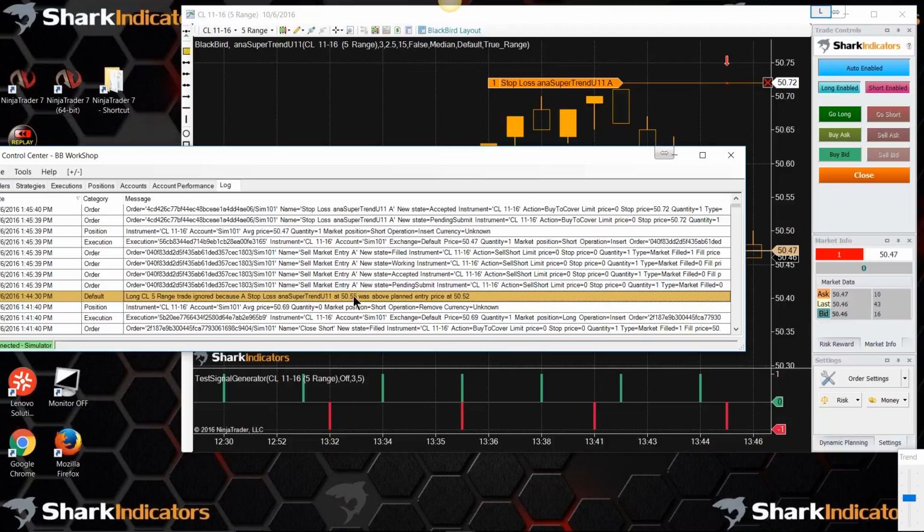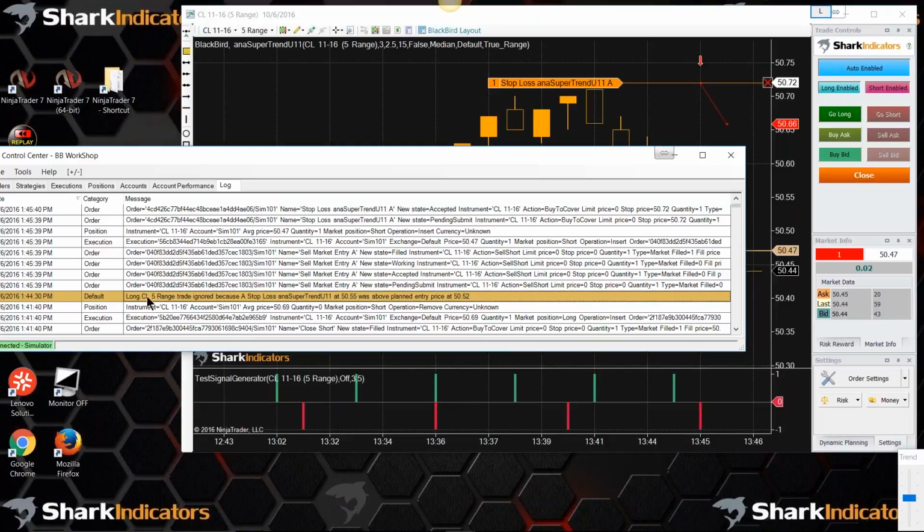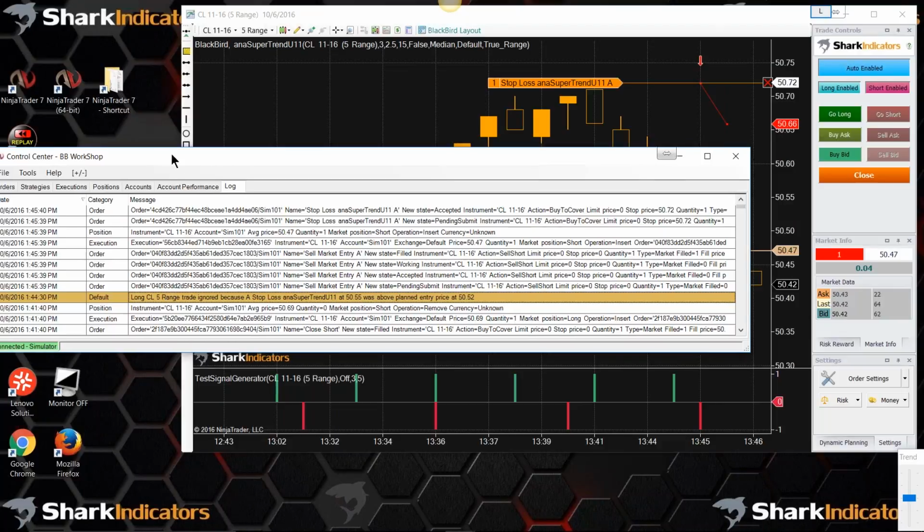So we can see that our stop loss was above the market at 52 cents. Our stop loss is at 55 cents for a long trade. So the trade was just ignored there.